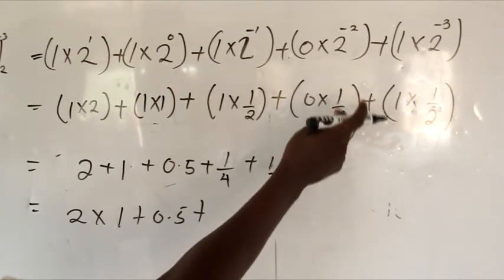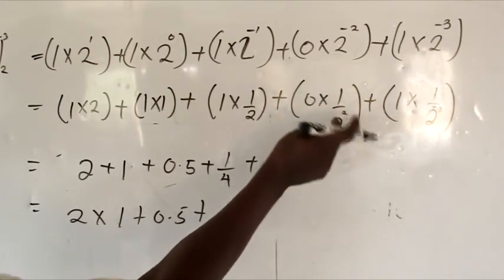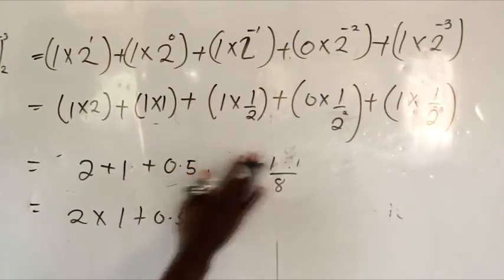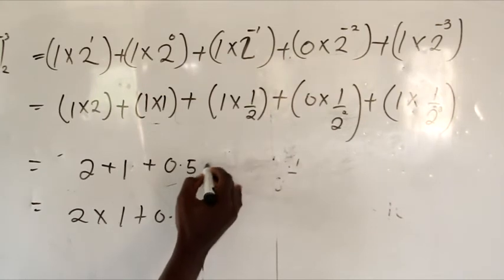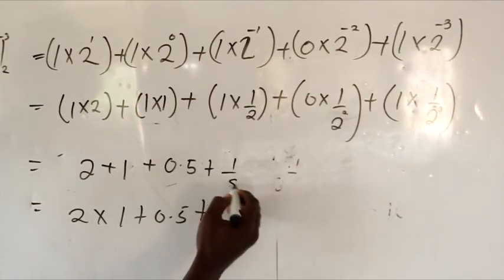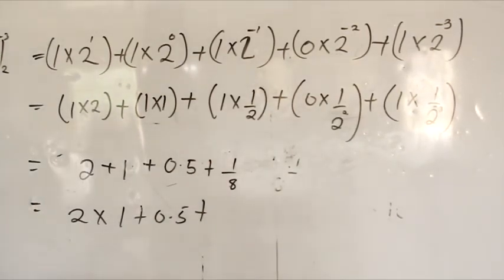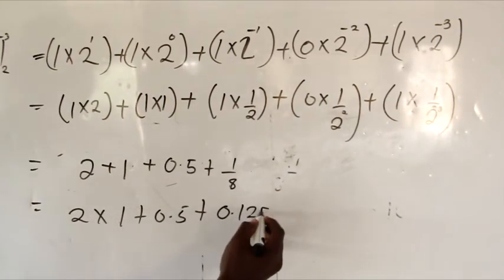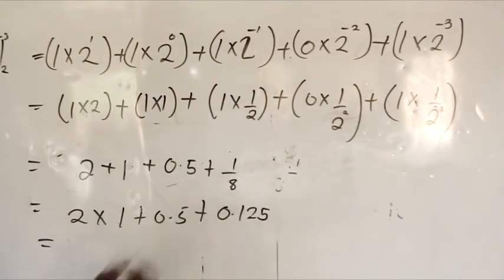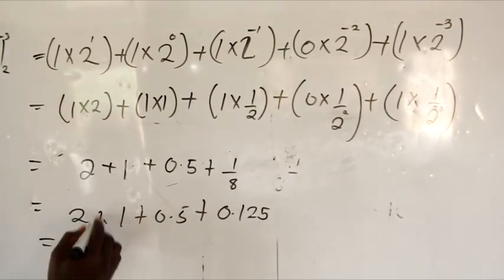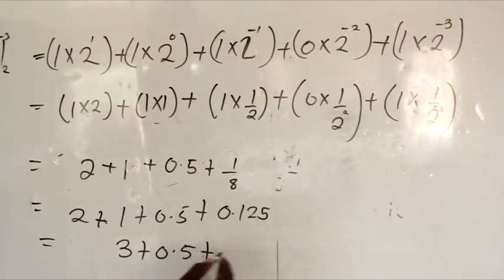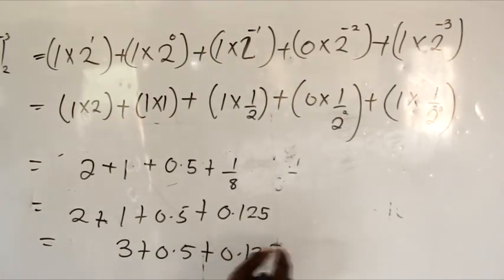0 times 1 upon 2 raised to the power of 2. This number was multiplied by 0, so it's gone. So what we are going to have there is plus 1 upon 8, which when converted to decimal is 0.125. Alright, we add all the fractions. This is 2 plus 1 is 3, plus 0.5 plus 0.125.